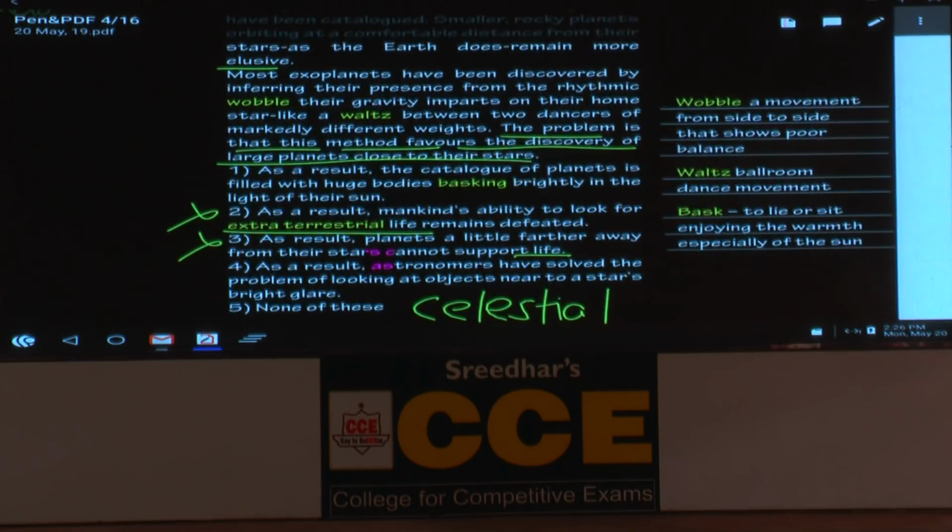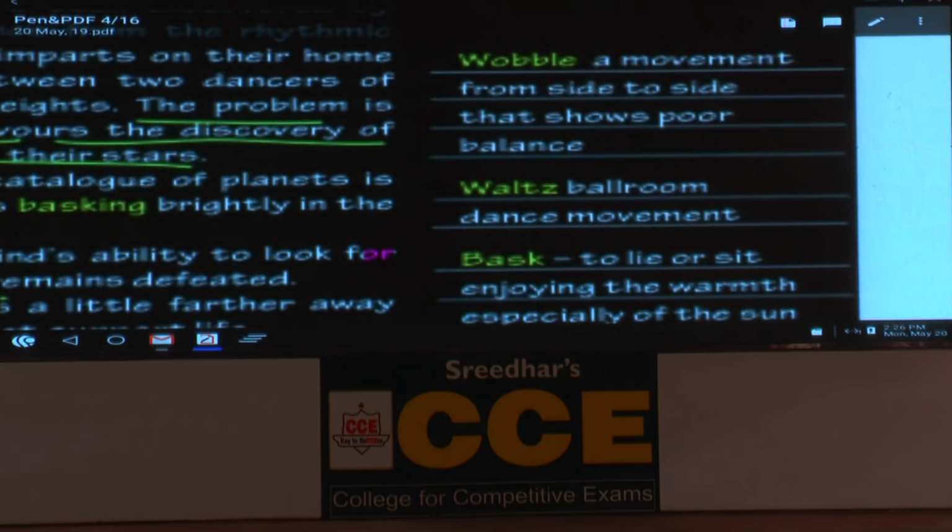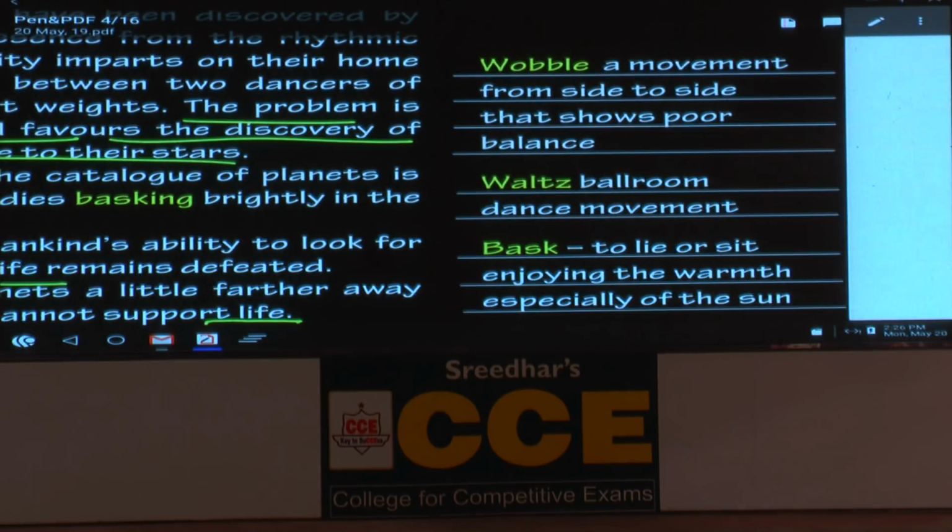Please write the meaning of these three words. So verbal means what? A movement from side to side that shows poor balance. Waltz is a ballroom dance movement, also one type of dance.